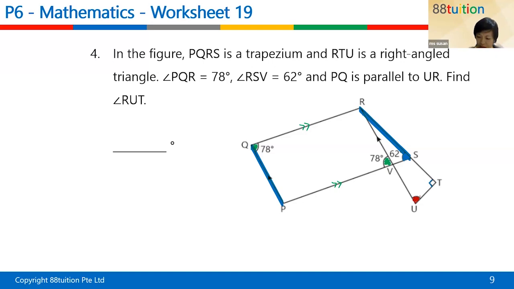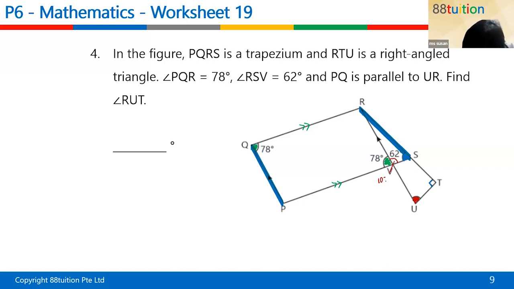Okay. So first thing first, we know that this is 78. We have another small angle here. Shall we find the small angle for this thing? Because I need to find the third angle for that. So this one is 180 minus 78, which is 102.